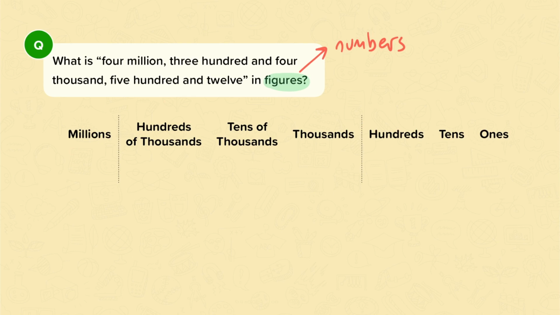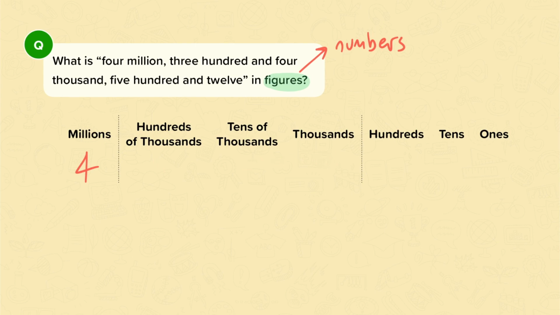Now, we're going to start with the biggest part of the number. So firstly, we have 4 million. So that means a 4 needs to go in the millions column. Then we have 304,000.